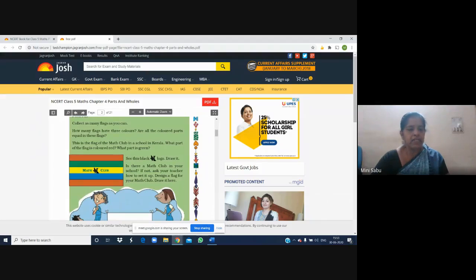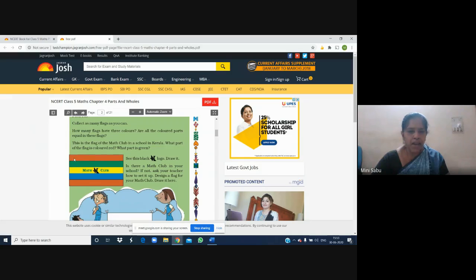This is an activity actually, and here the children are making a logo for their maths club. Okay, see, this is a logo for the maths club, and here it is written, this is the flag of the maths club in a school in Kerala.